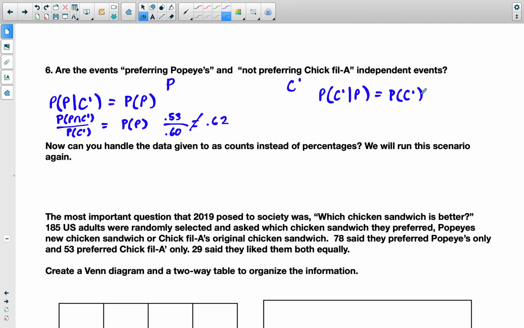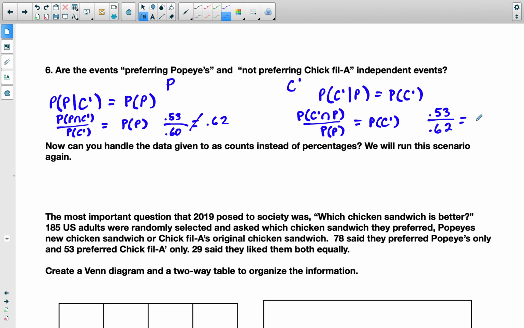So I'm going to solve, this would be C prime and P over P of P, and that should be equal to P of C prime if they're independent. All right. So C prime and P, again, is 0.53. Probability that someone prefers Popeyes is 0.62.